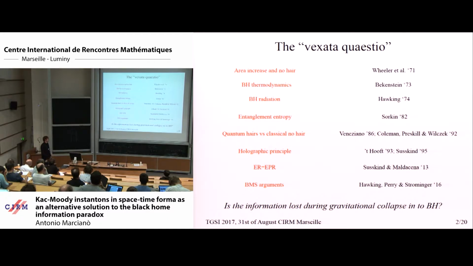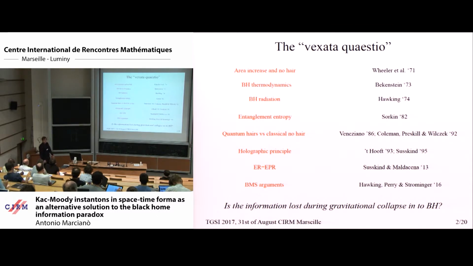So what actually was happening that I didn't mention here is that 1 year before, Marolf, Polchinski, Almheiri, and Sully worked out this firewall proposal.